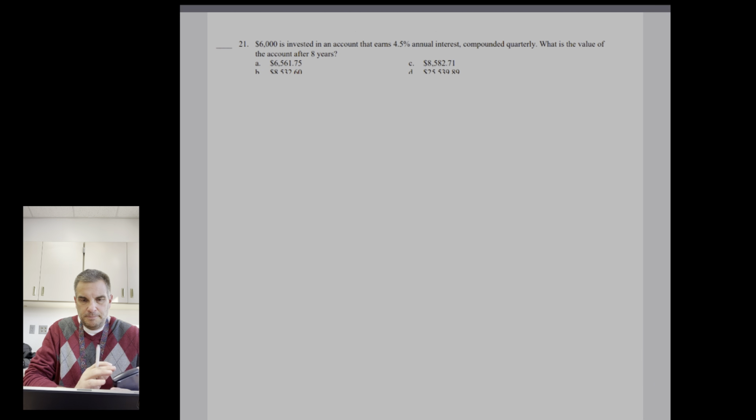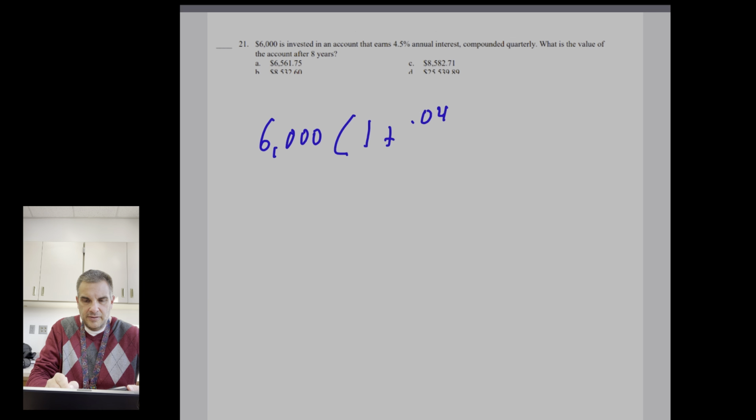Number 21, compounded quarterly this time. So we've got 6,000 times 1 plus my rate, 0.045, divided by, it's quarterly, I think. Yep, quarterly, so it's going to be 4. And then we have to take that times 4 times 8, as the power.